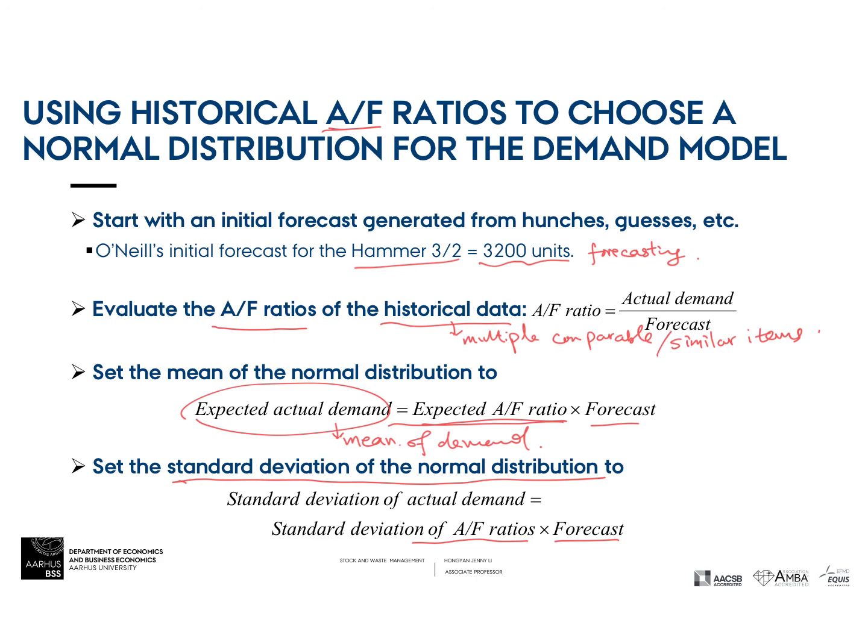From the AF ratios you can see the actual demand fluctuates a lot from your forecast. That means there is a large variance in your demand forecast, so you should consider this variance. After we have done this, you find a mu and a sigma, so now you have a normal distribution for your demand, with a mean and a sigma.